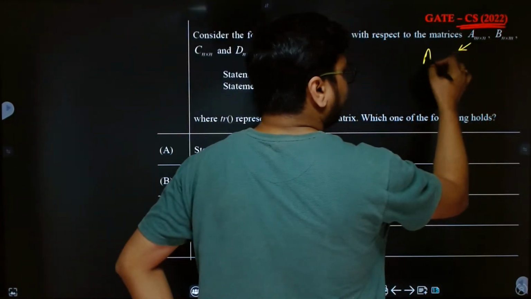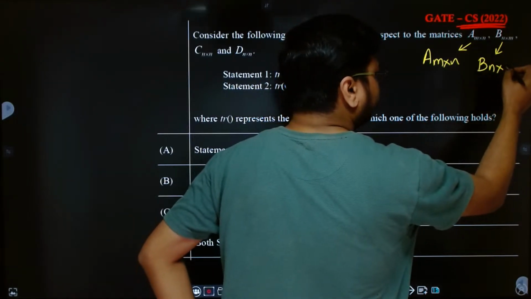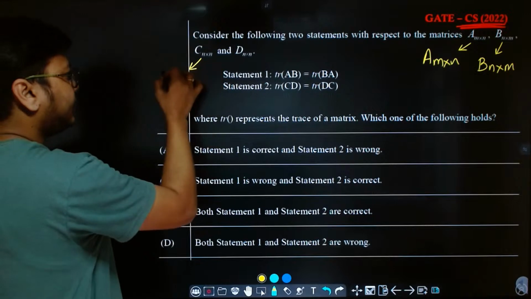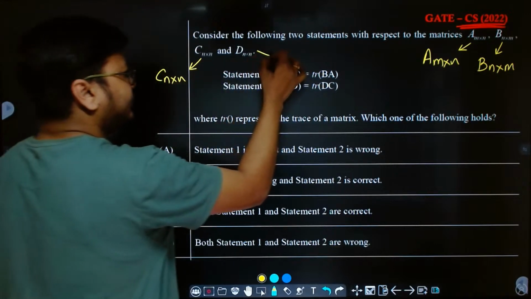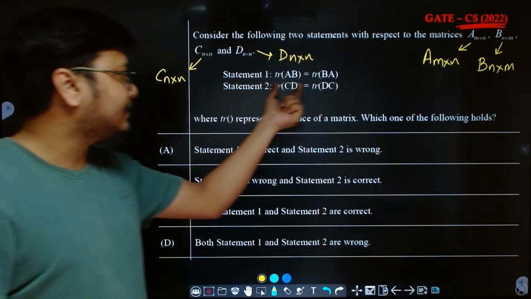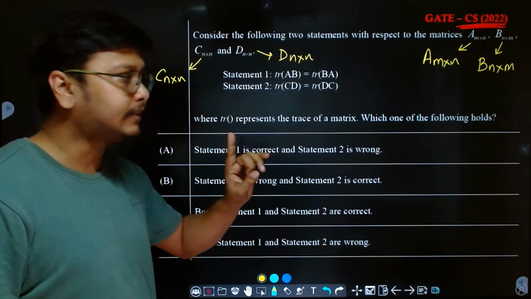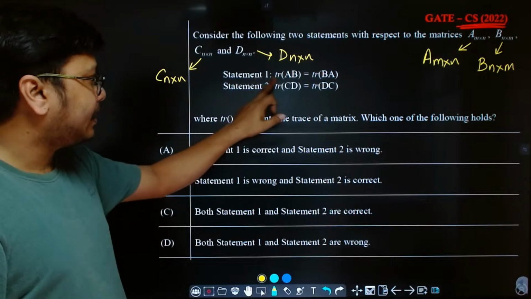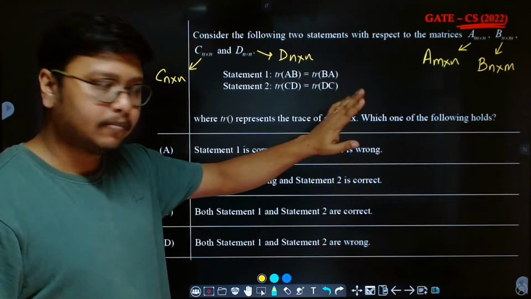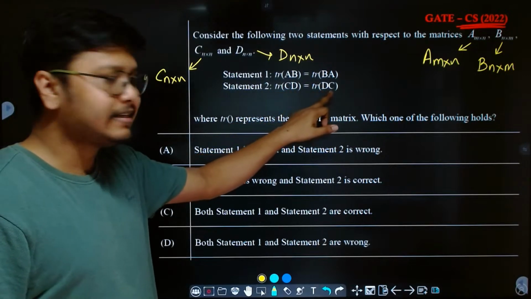This is A, M cross N. This is B, N cross M. This is C, N cross N. This is D, N cross N. Then 2 statements are given. See, trace of a matrix. I told you every year one question comes from trace. Statement 1 is saying trace AB and trace BA is same. Statement 2 is saying trace CD and trace DC is same.